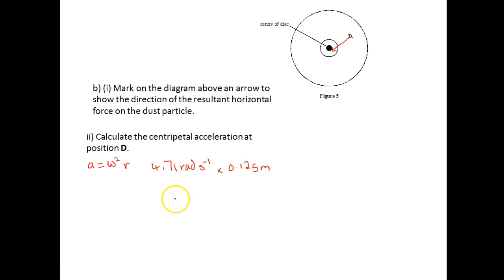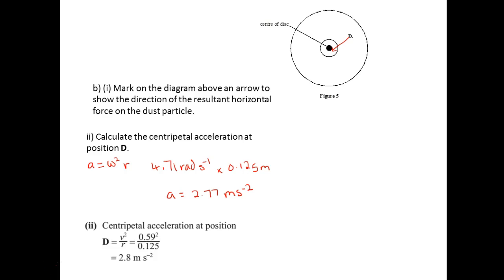And so the acceleration then is 2.77 meters per second squared, or 2.8 meters per second squared. Of course, as an alternative, if you calculated the linear velocity in the other parts, then you can also use that the acceleration is v squared upon r and still come out at the same answer.